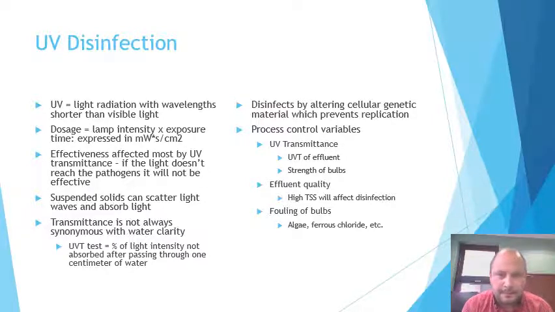The bulbs are inside quartz sleeves that fit over the top of them, and those sleeves can get fouled with algae. Plants like ours that use ferrous chloride or ferric chloride for phosphorus removal can develop a coating on those quartz sleeves. Anything on those sleeves is like having dirty windows. It's going to partially block the light coming through.